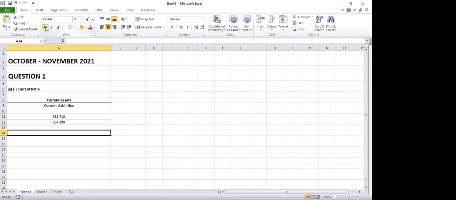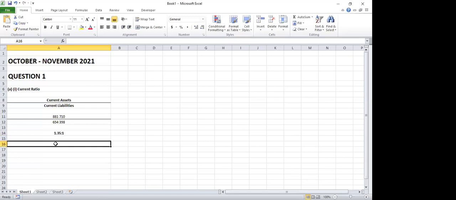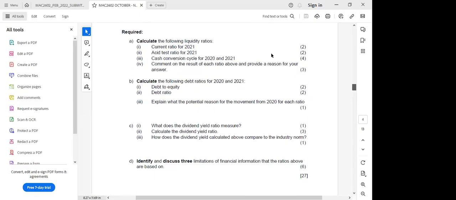It's 1.35 to 1. So it means for every 1 rand of liabilities, we've got 1 rand 35. So this entity is able to meet its short-term requirements when they fall due. Remember that current liabilities are usually funded by current assets, right? Then we have the acid test ratio.